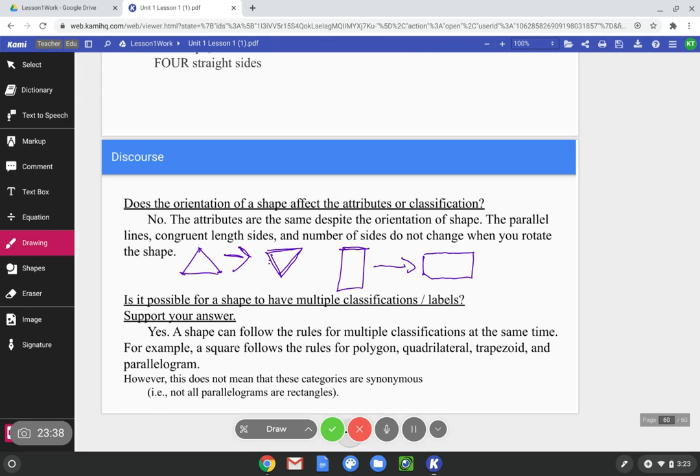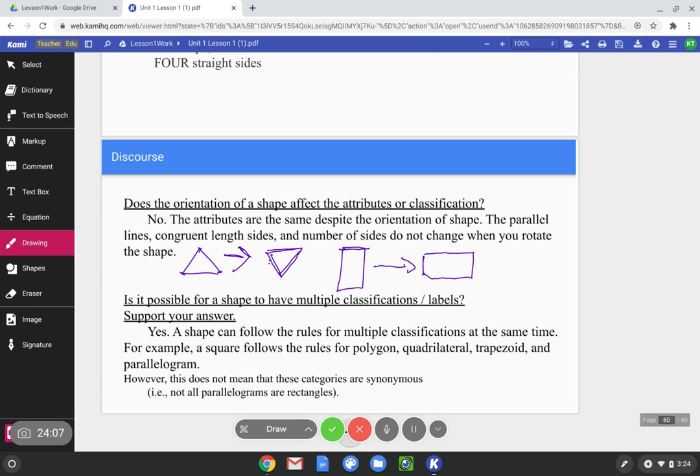Is it possible for a shape to have multiple classifications or labels? Yes. As we said before, shapes can be a part of many families. A shape can follow the rules for multiple classifications at the same time. For example, a square follows the rules for a polygon, quadrilateral, trapezoid, and parallelogram. So a square is going to Christmas with polygons because it's part of the polygon family.